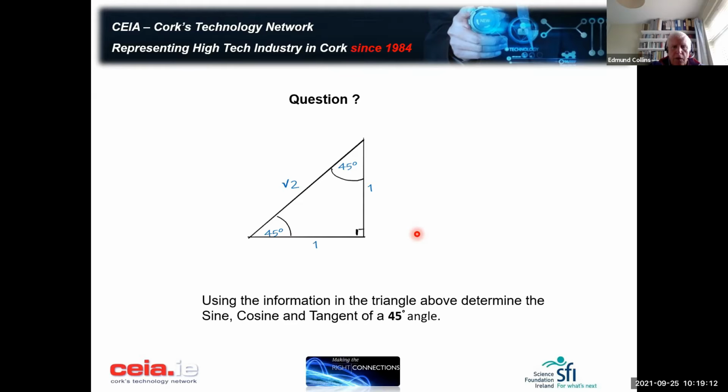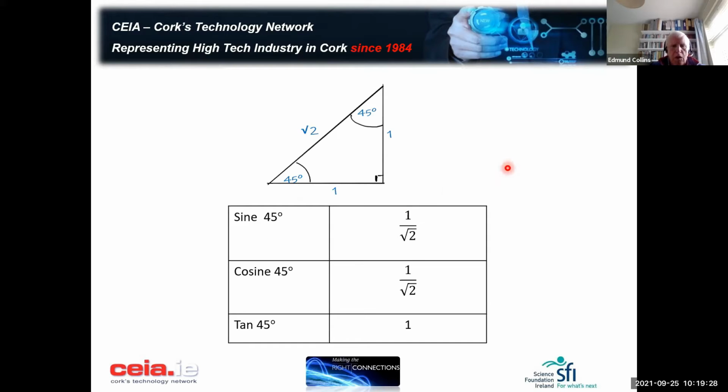And our sine is opposite over the hypotenuse, cosine adjacent over hypotenuse, and then the tan opposite over the adjacent. So here we have the final results.